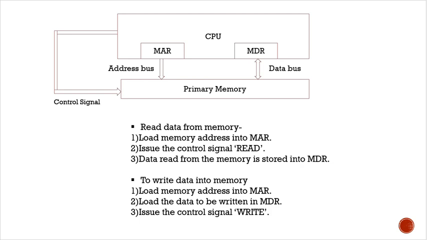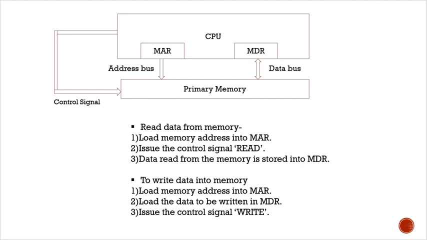Here you can see MAR is unidirectional as it holds the address of instruction to be executed, and MDR is bidirectional because it holds the data that has been written into the memory or read out from the memory, and there is a control signal like read and write to control the operation.